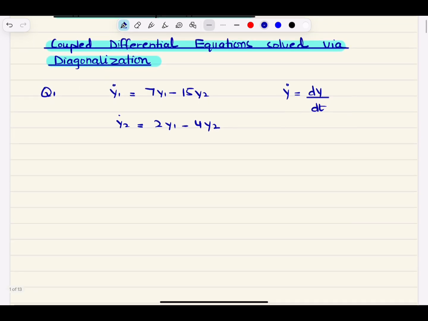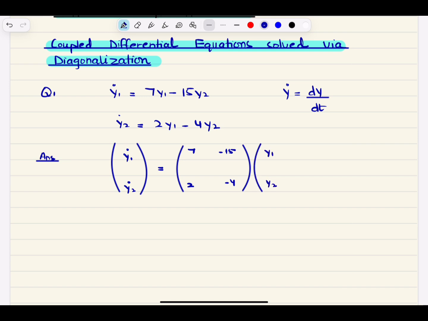First of all, we're going to convert it into matrix form, which is a fairly easy thing to do. We have the first derivative of y1 and the first derivative of y2 as a column vector, and then we have our 2 by 2 matrix with 7, minus 15, 2 and minus 4, and a column vector with y1 and y2.